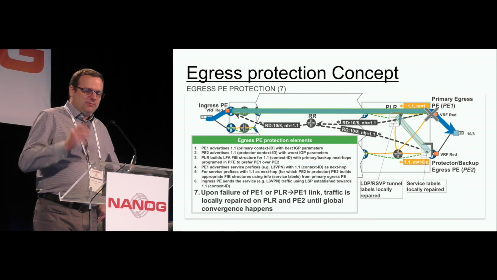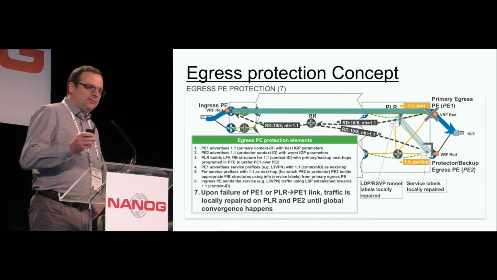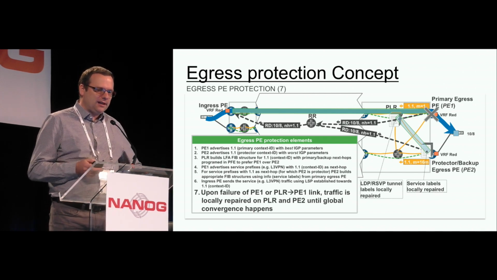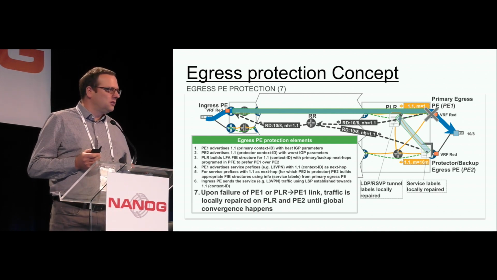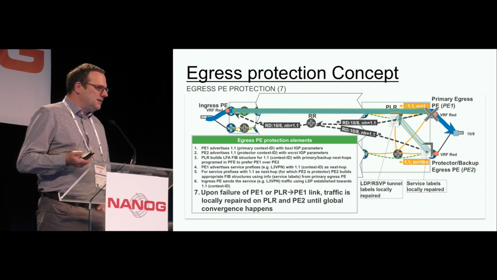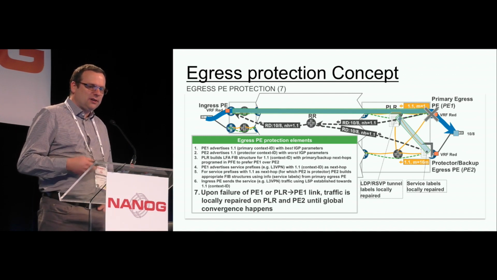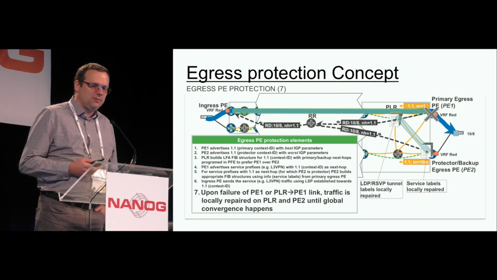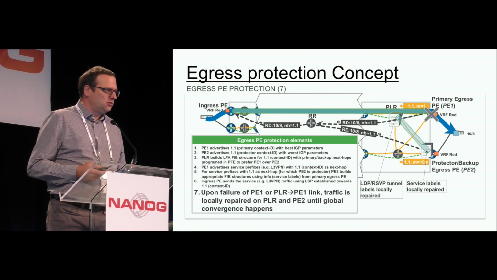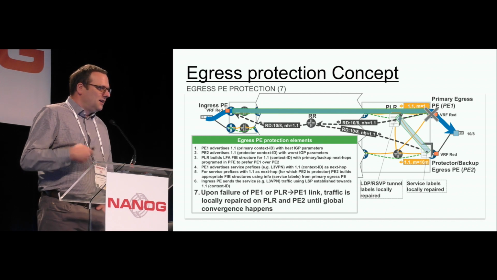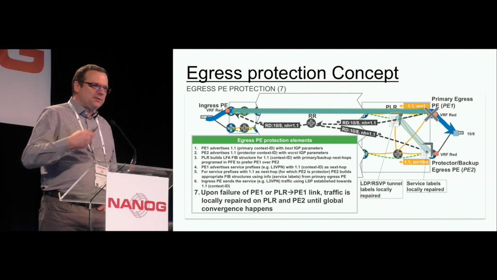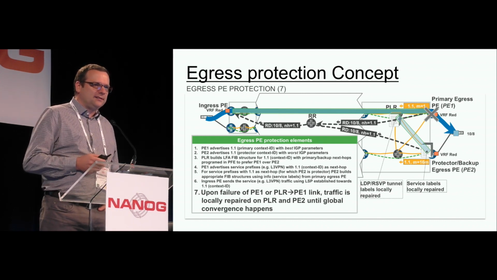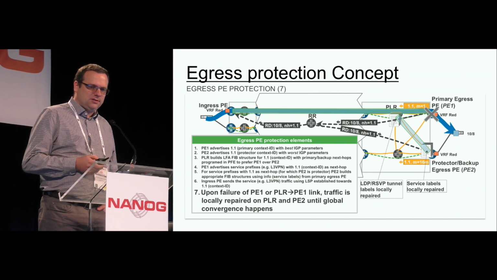Okay, so the redirected traffic arrives at the protector, for example with this label 26 that was allocated by the protector, and the protector knows that this is redirected traffic, not the normal traffic that the backup PE normally should receive. Then it uses this RIB FIB structure that was prepared before to handle this traffic and send it to the local CE.